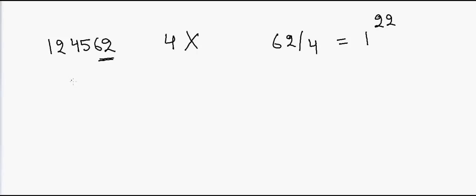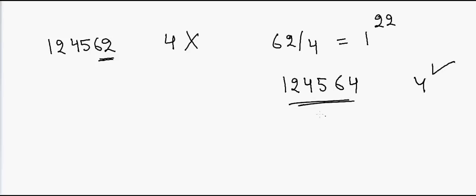So how can I modify this number? If I add 2 more at the end, so I make it 1 2 4 5 6 and 4 here, then this number should be evenly divisible by 4. And I can modify this number any way.